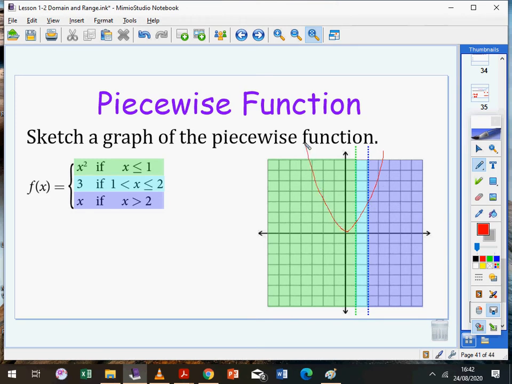But this restriction tells me that the green portion of the graph, that x squared portion, is only true for when x is less or equal to -1. So I'm only going to draw that graph for x less than -1.